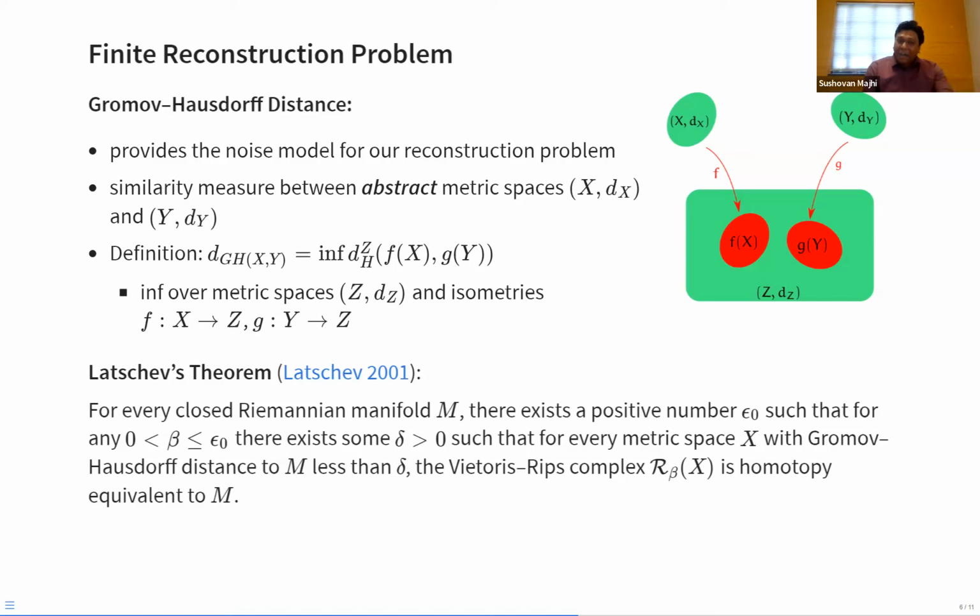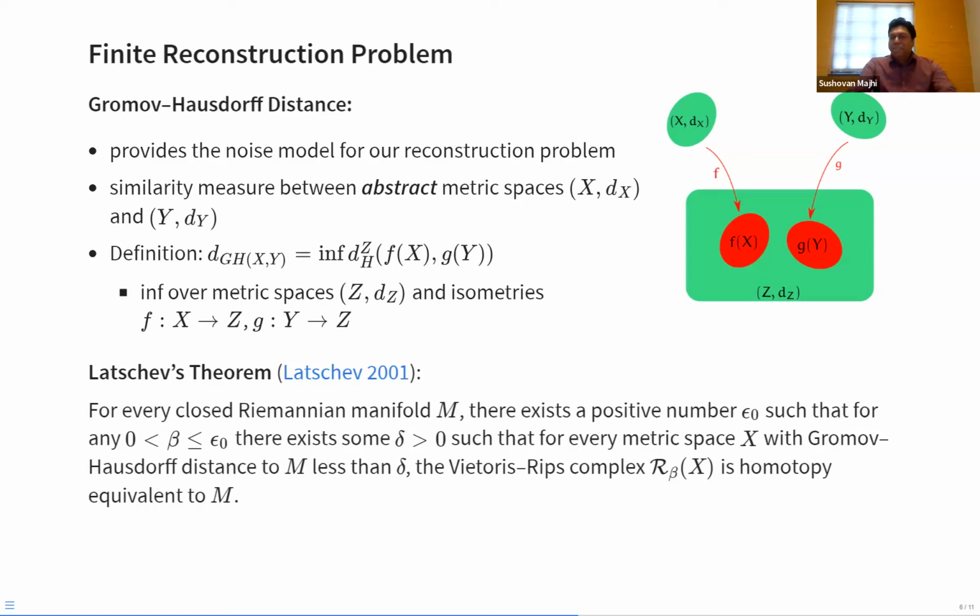Latschev doesn't say how to come up with the number, but qualitatively it's possible to construct such a number, a bound for the scale of the Vietoris complex, so that if you take your beta scale for the Vietoris complex within epsilon naught, then you can get another number, delta, which would control the density of your sample, that is, the Gromov-Hausdorff distance between M, the manifold, and the sample S, or X. So as long as your Gromov-Hausdorff distance is smaller than delta, the tolerance for the density, then the Vietoris complex at the scale beta on the sample would give you the right homotopy type for M.